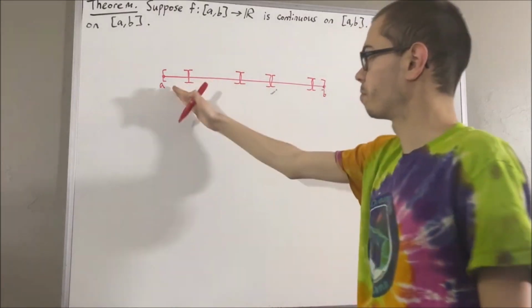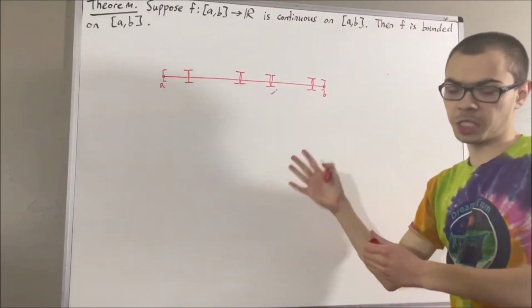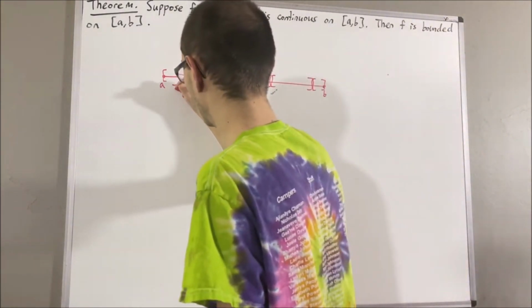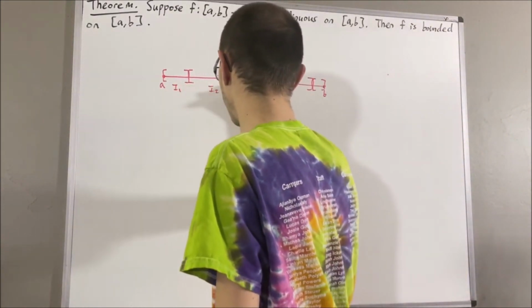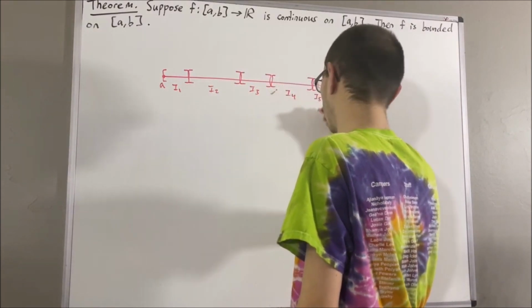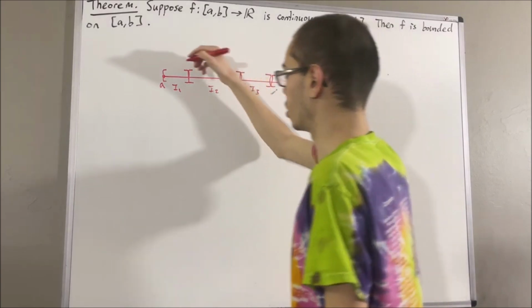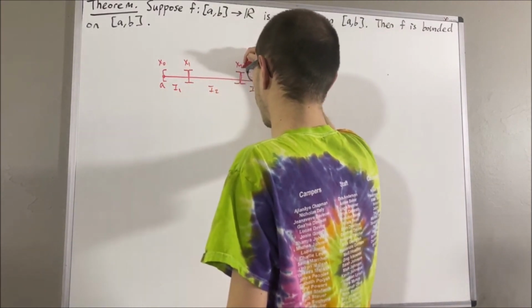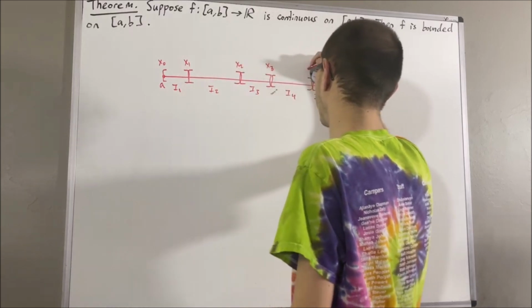So for example, something like this would be a partition of [a, b]. And we might label these closed intervals I1, I2, and so on. And we might label the endpoints of these closed intervals as x0, x1, x2, and so on.